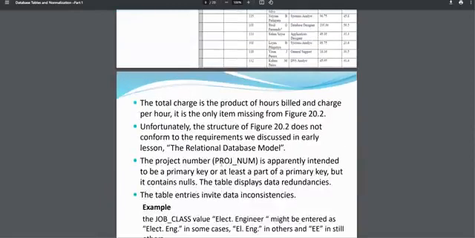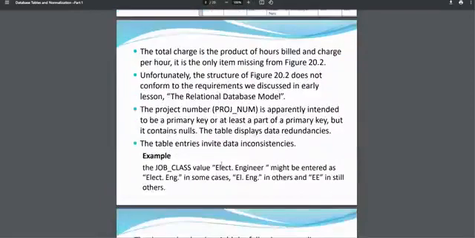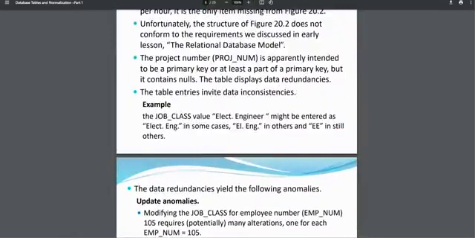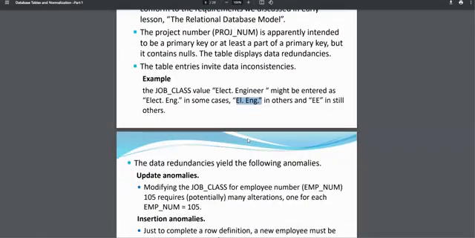Some other examples: we mentioned what happens with the job classes, the inconsistencies, the differences, so it is not consistent. Sometimes data is mentioned in one way in one place and another way in another place. Why is this a problem?